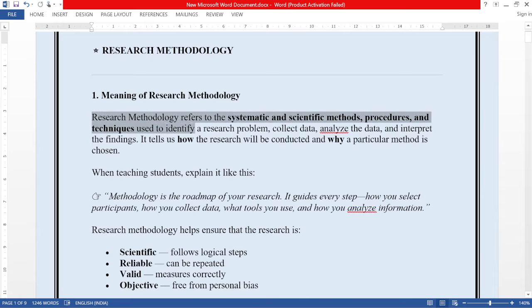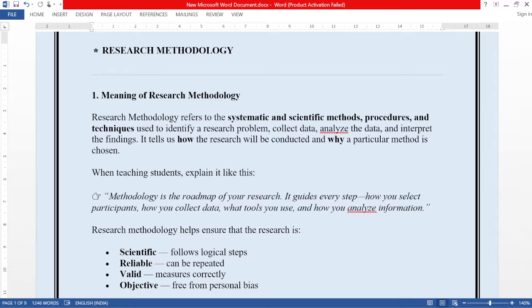Research methodology refers to the systematic and scientific method, procedure and techniques used to identify a research problem, collect data, analyze the data and interpret the findings. It tells us how the research will be conducted and why a particular method is chosen.